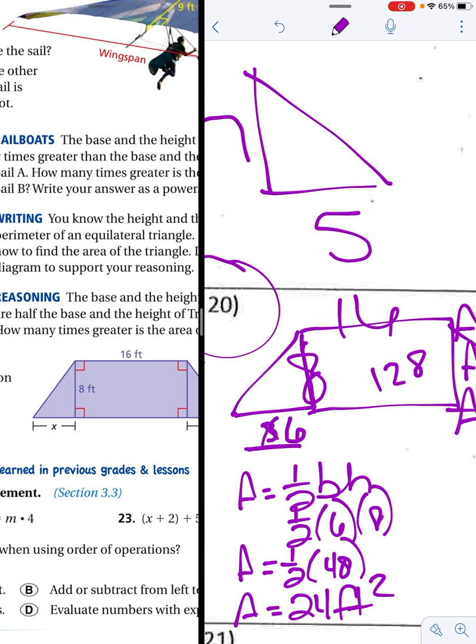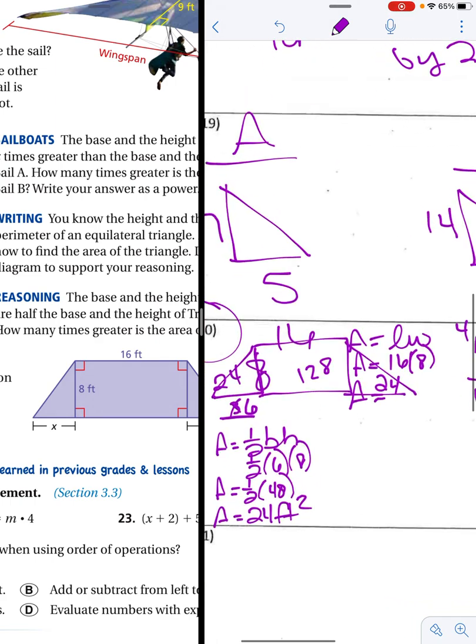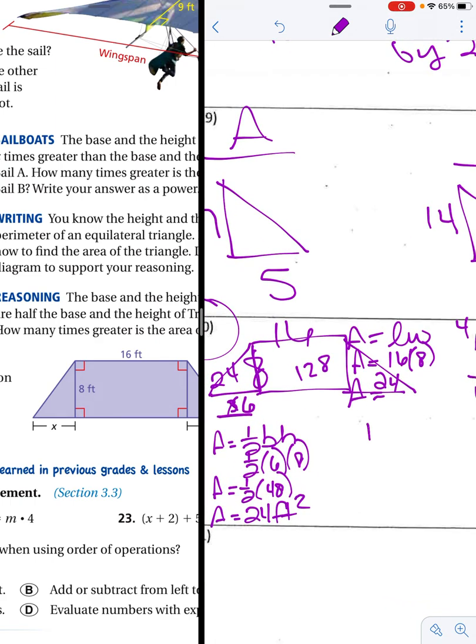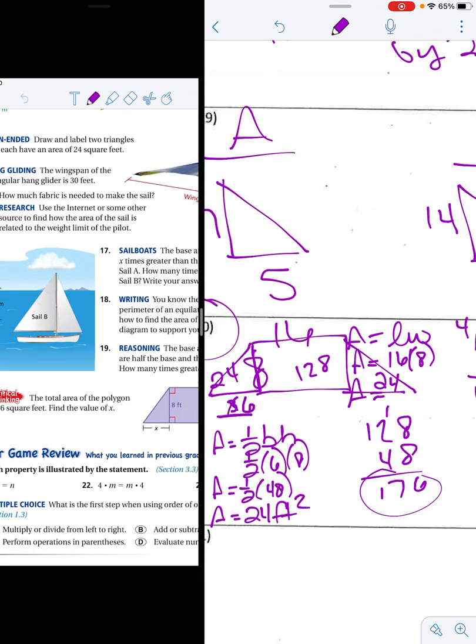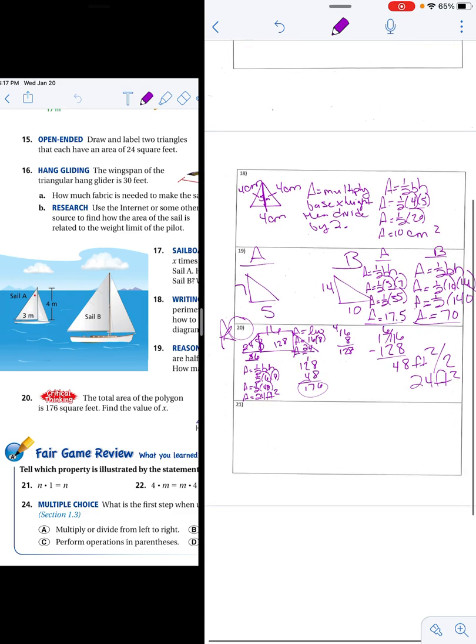That would give this triangle 24 area, this triangle 24 area, and if you add that up, 128, and then the 2 24s, which is 48, we get that 176 area that they had mentioned, that the total area was 176. All right, guys, I know that was a toughie. We're not doing this one.